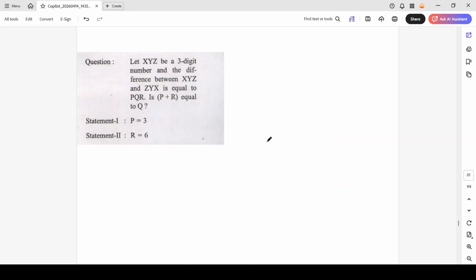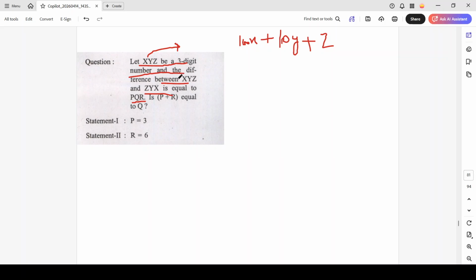Now next, XYZ is a 3-digit number and the difference between XYZ and ZYX is equal to PQR. So this is saying the 3-digit number is XYZ. How can we expand it? 100x plus 10y plus z.